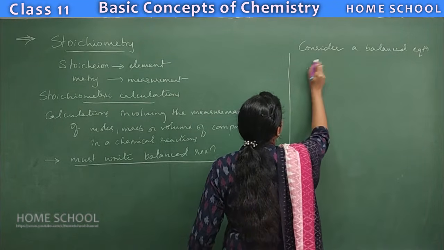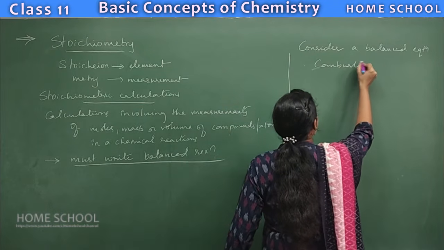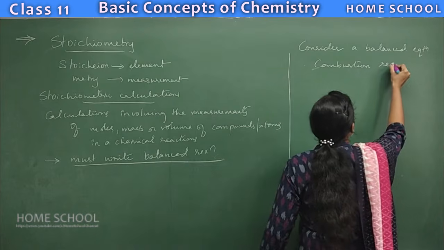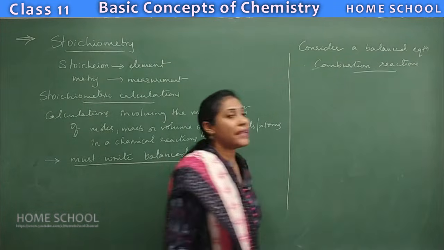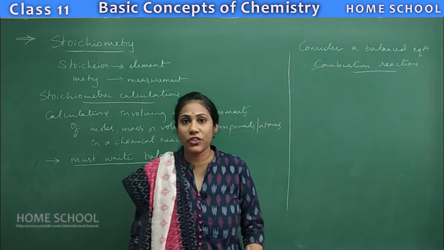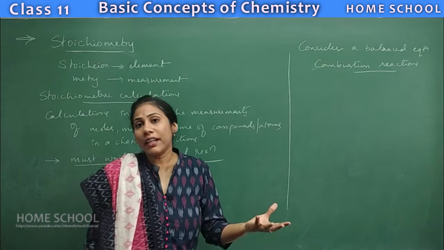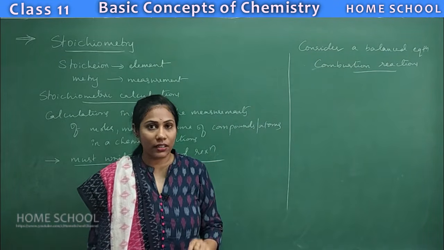I will consider the combustion of methane. Can you recall what combustion reactions are? Very common type of chemical reactions, right? Combustion reaction means you are burning something in the presence of oxygen, and the products are always carbon dioxide and water, isn't it?